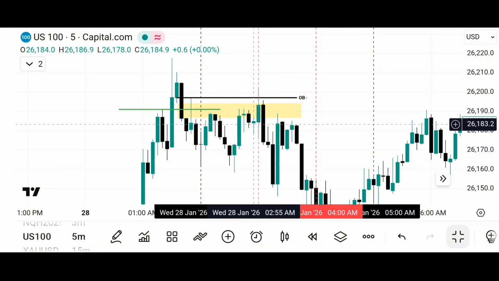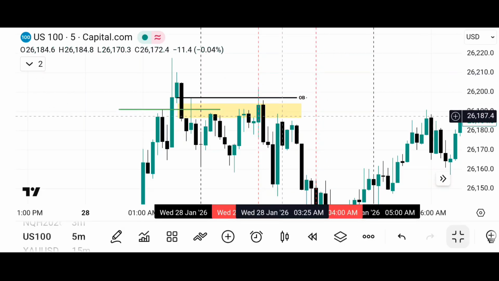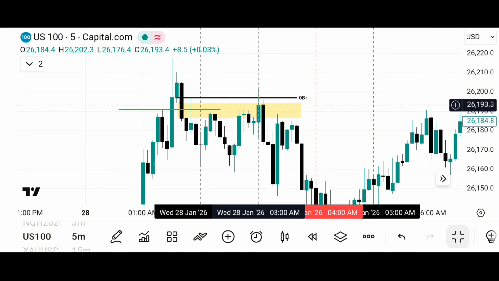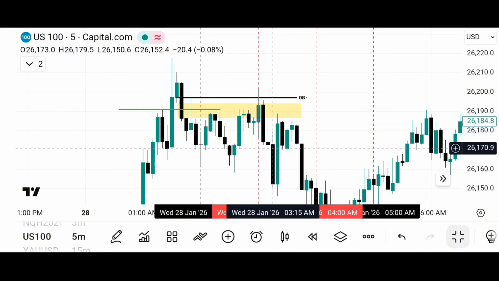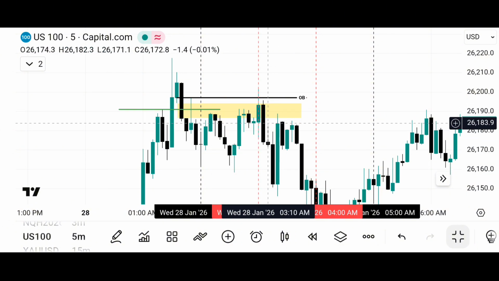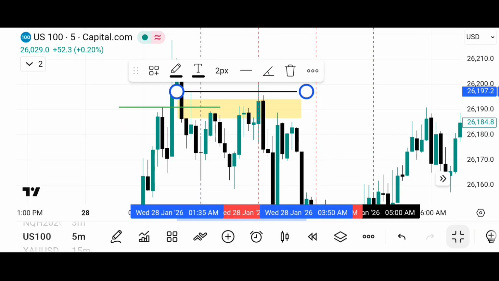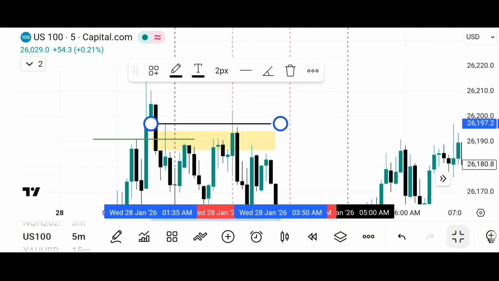So an order block is the change in the state of delivery in price. These two up close candles are actually buy side delivery being offered, and this down close candle has sell side delivery being offered. So this is also an order block. Let me just clone this.